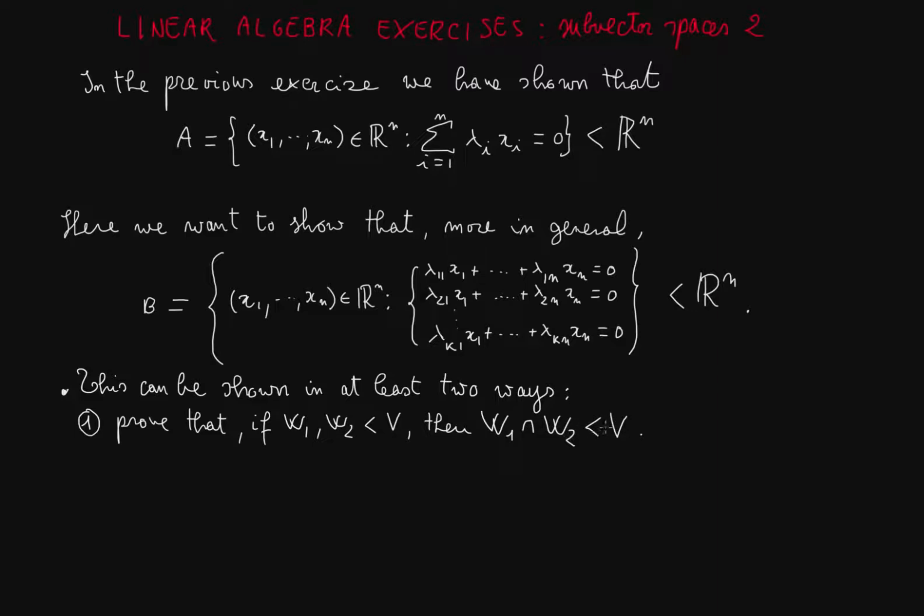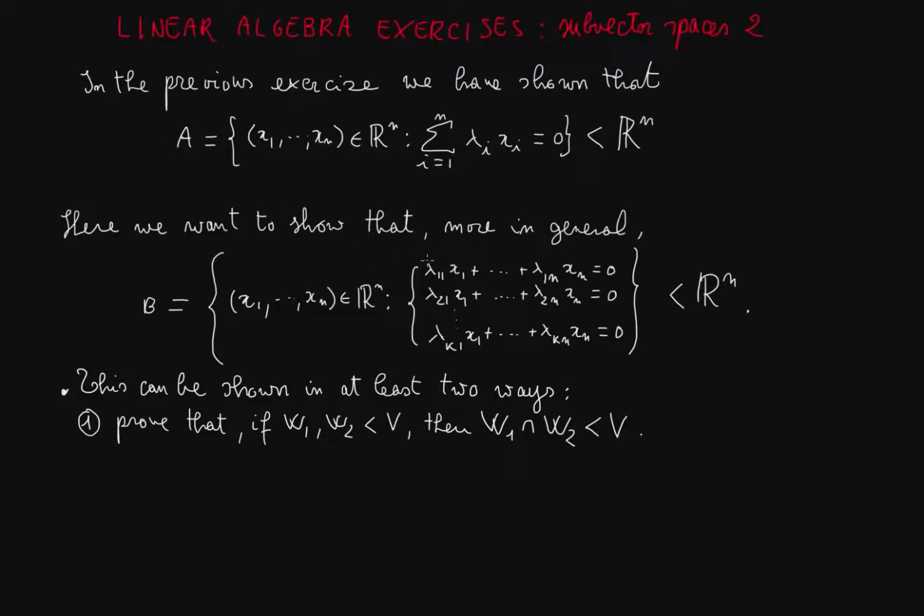Now, if we knew that, we would deduce right away that B is a subvector space of Rn. Why? Because B is precisely given by the k-fold intersection of k subvector spaces of Rn of the form A.